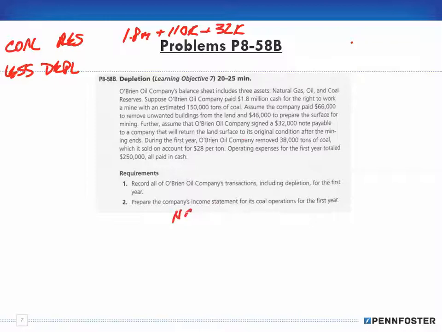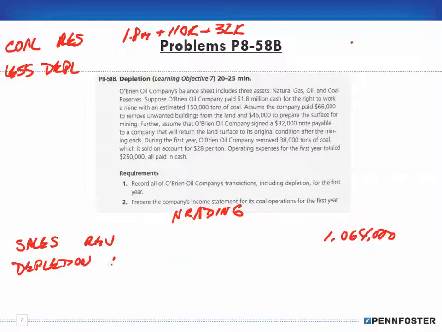I'm not going to repeat the heading. And I'm going to have sales revenue of $1,064,000. And then I'm going to have depletion expense, which we had calculated to be $492,480.